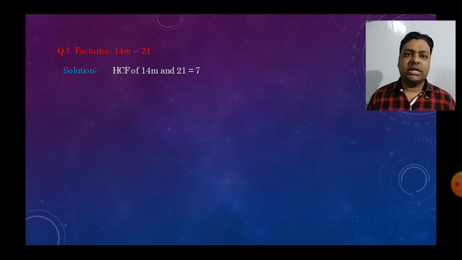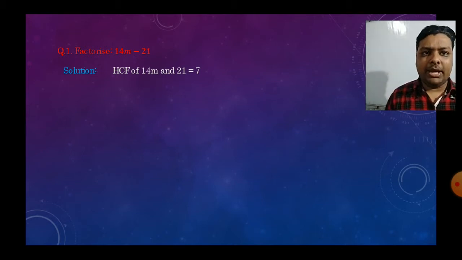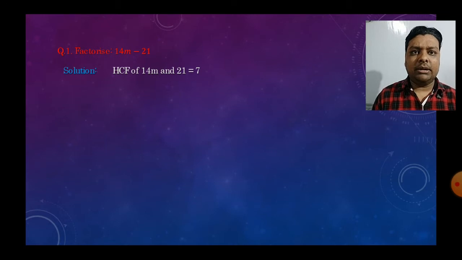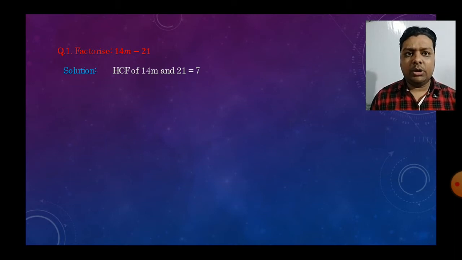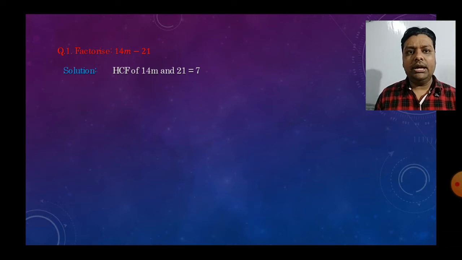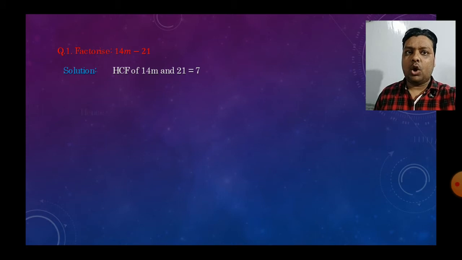We find the prime factors of 14m and 21, and we get 7 only, because in the first term m is given, but the second term is only a constant. It means m cannot be in the HCF, so we get only 7 as the HCF. So 7 is common in both terms.